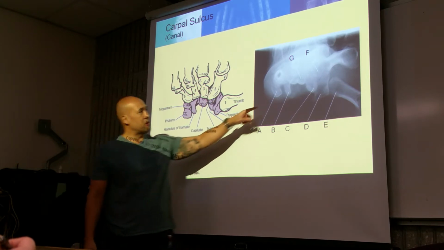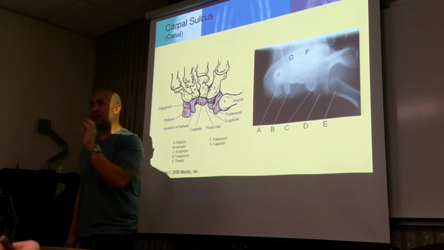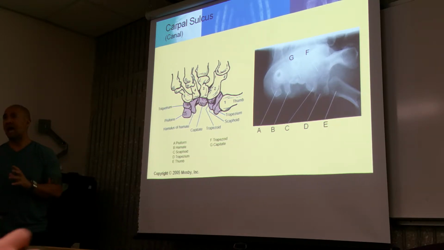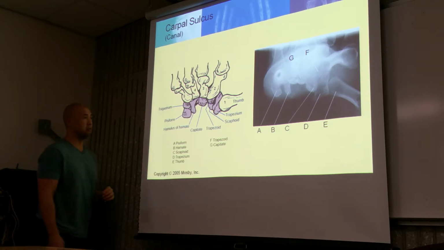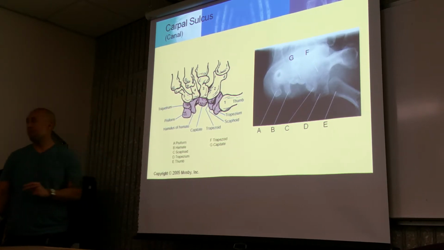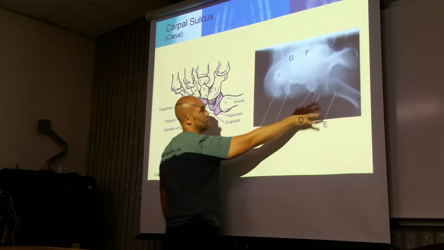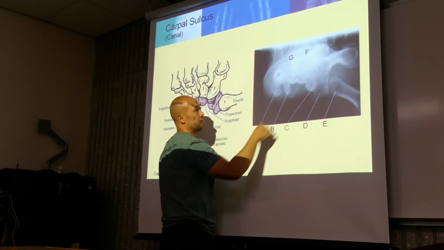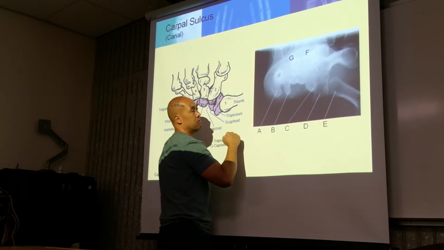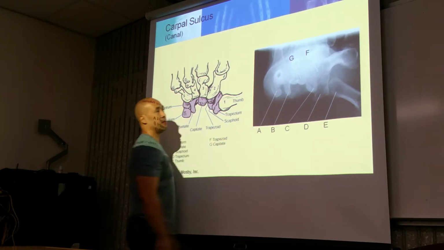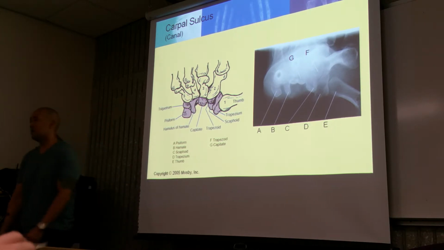This particular part of the hamate is called the hamulus of the hamate.